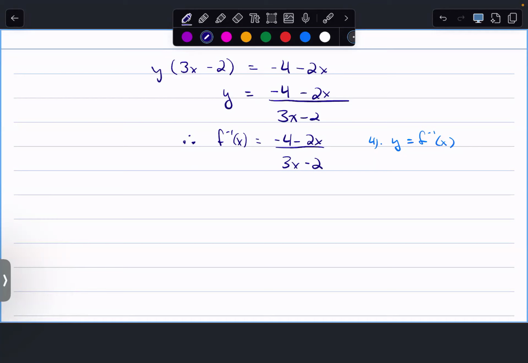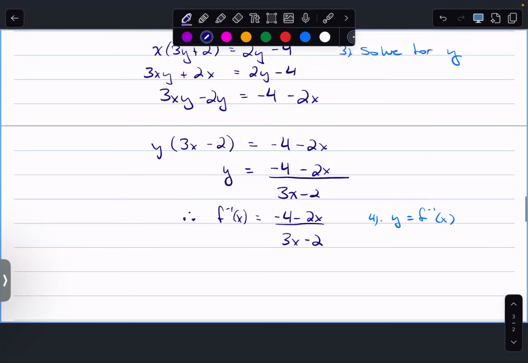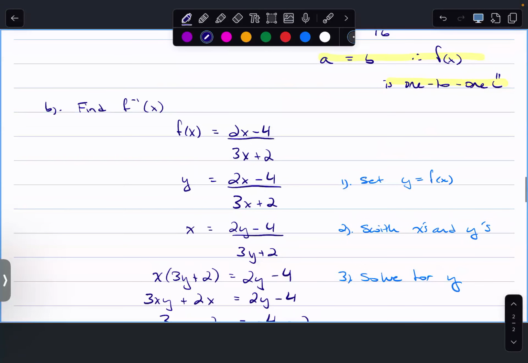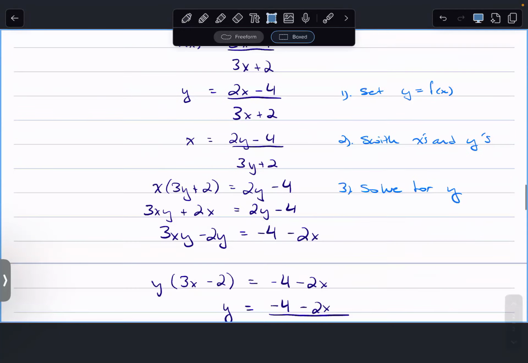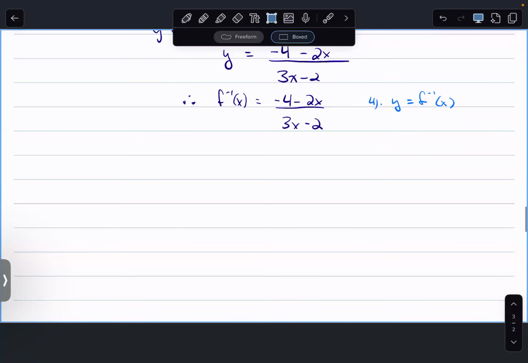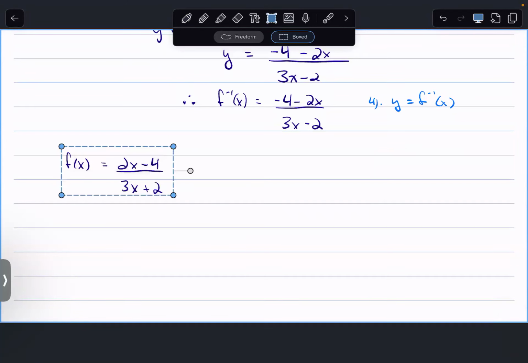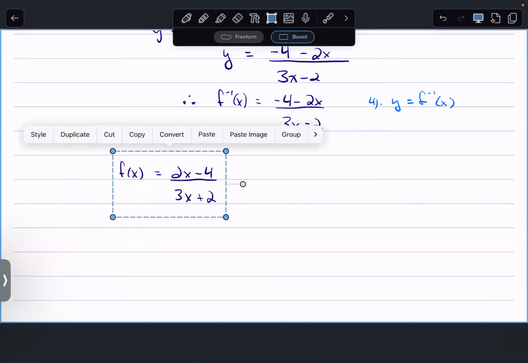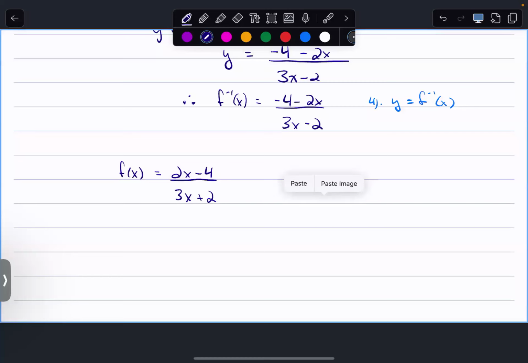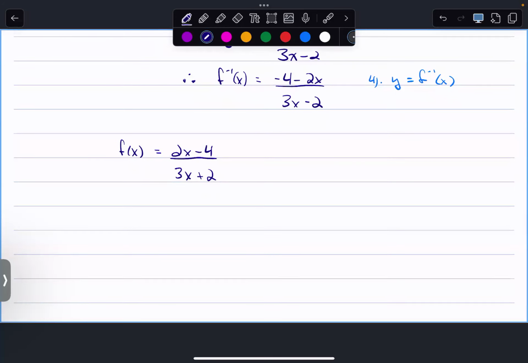That's the inverse of f of x. And maybe I'll just bump this over here.